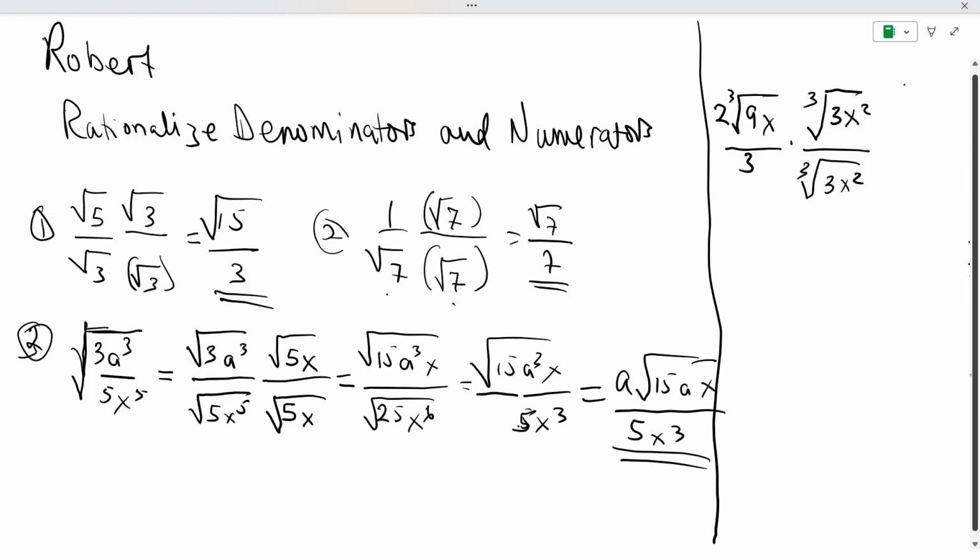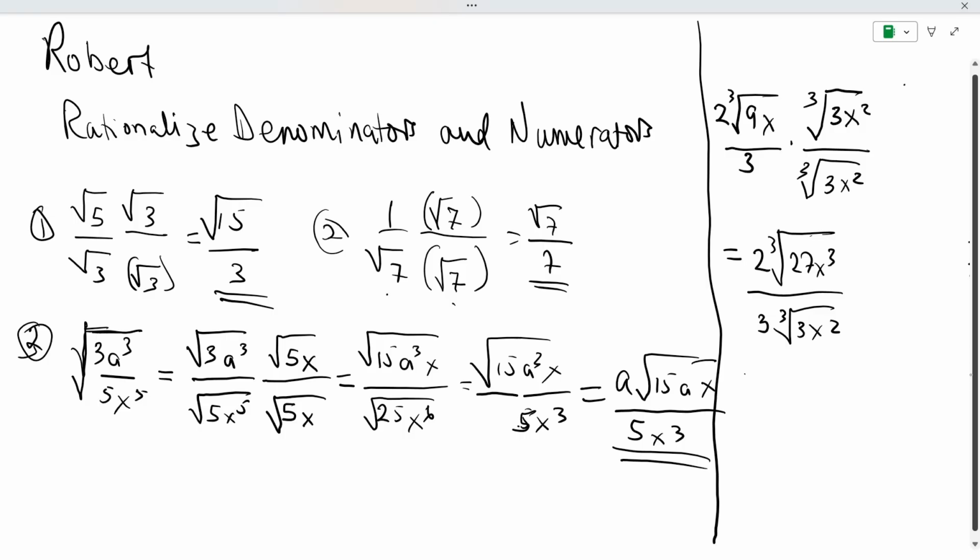So this becomes 2 into the cube root of 27x cubed, and this is all divided by 3 multiplied by the cube root of 3x squared.